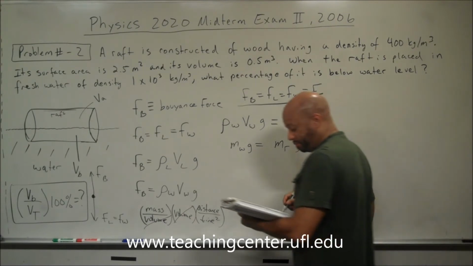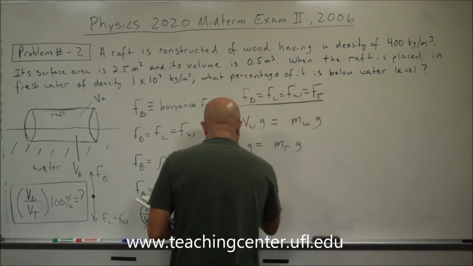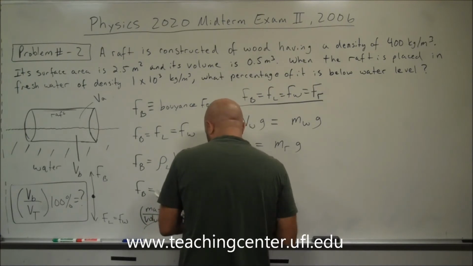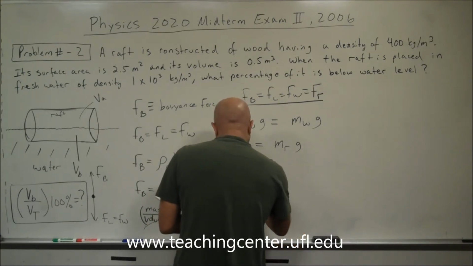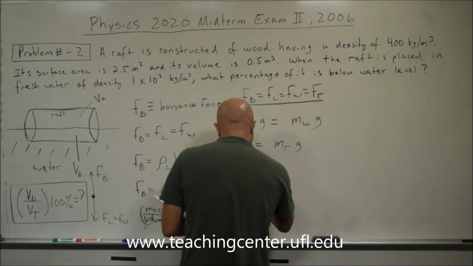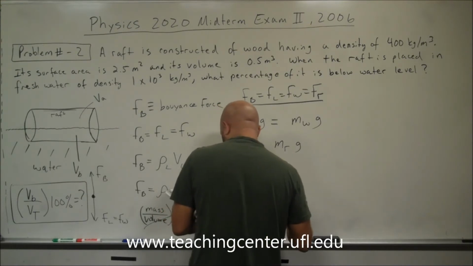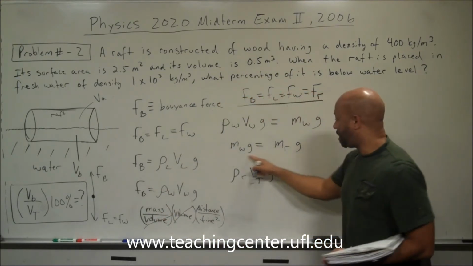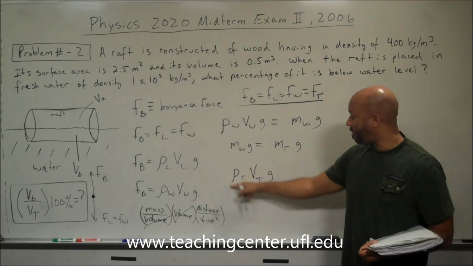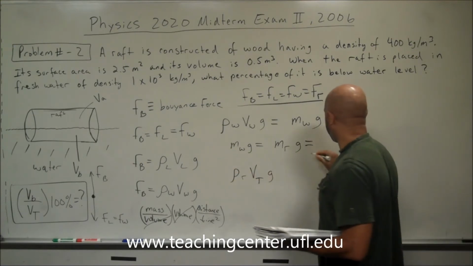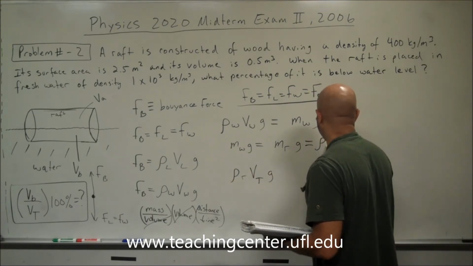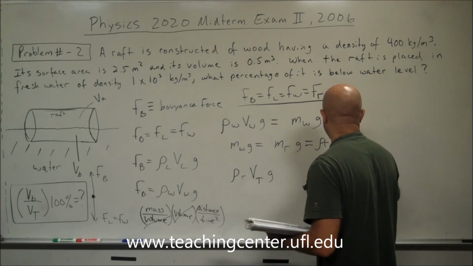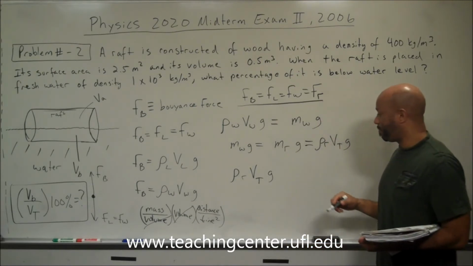And so we know that the mass of the raft, the density times the total volume, times G, this is actually the weight of the raft, so that's equal to this. All right?